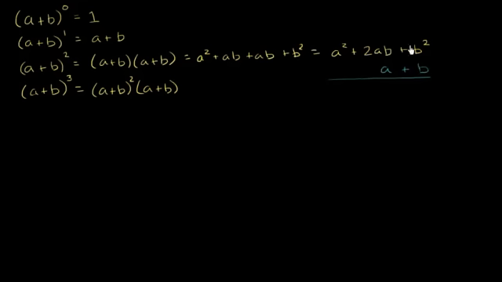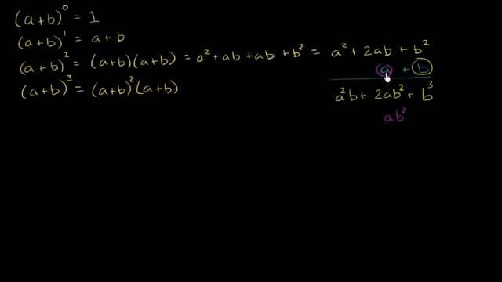So first I'll multiply b times all of these things. B times b squared is b to the third power. B times 2ab is 2ab squared, and then b times a squared is a squared b. So all I did is I multiplied b times all of this stuff. Now let's multiply a times all this stuff. A times b squared is ab squared.